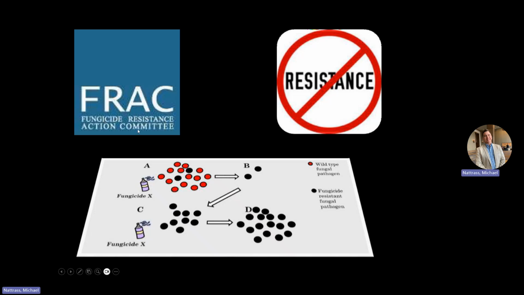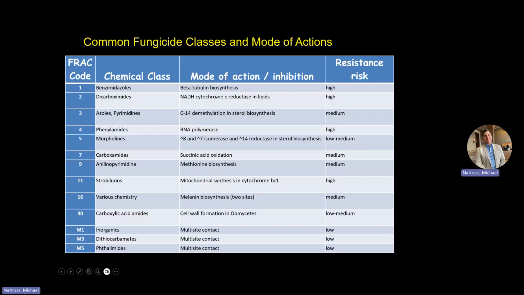The Fungicide Resistance Action Committee came up with a FRAC code for these different chemical classes, as they relate to the potential for resistance. And again, I'm not asking you what the resistance risk of a FRAC code 11 strobilurin is, but you can see that it's pretty high.